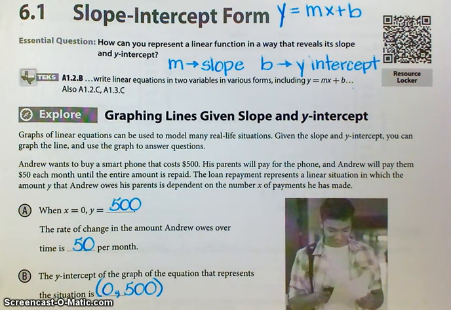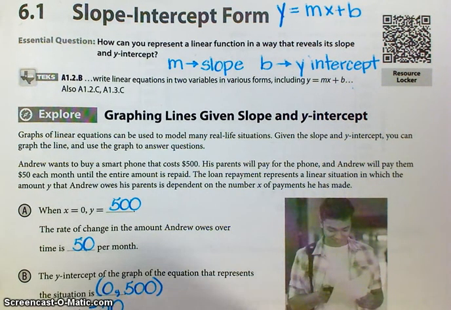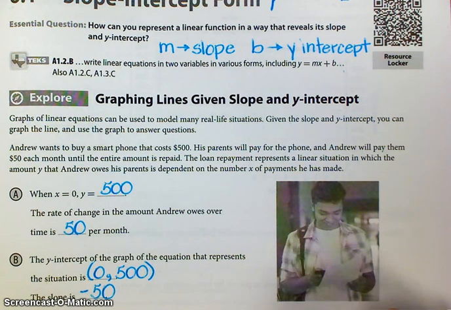The slope, because he is reducing his amount by 50 a month, really is negative 50. It says use the y-intercept to plot a point on the graph of the equation. The y-intercept is (0, 500), remember.